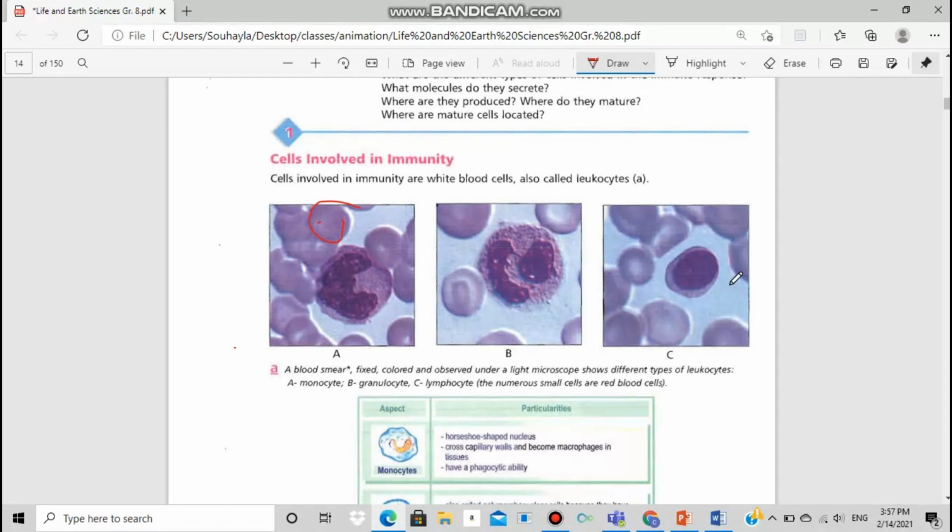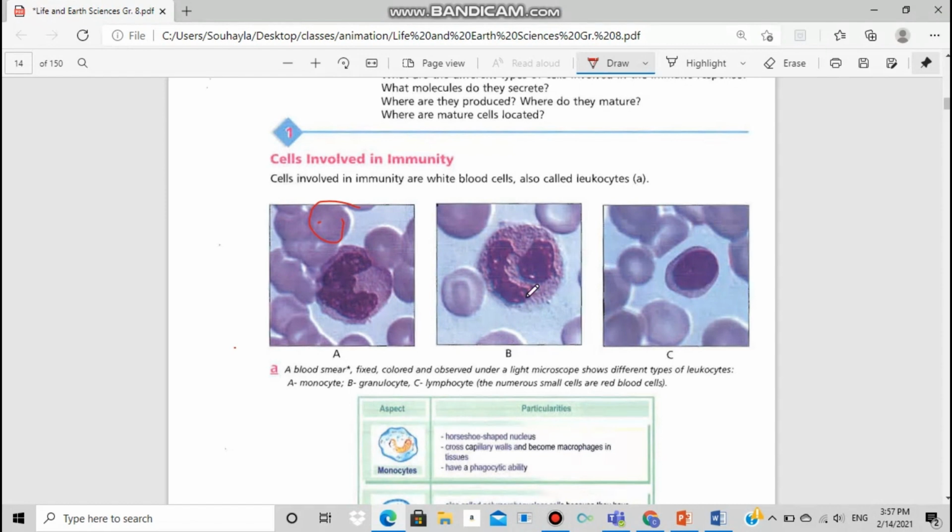How can I distinguish white blood cells? From the shape of the nucleus. White blood cells have a large nucleus, but these cells have different nuclei. If you look at this cell, the shape of the nucleus is different from this cell, and different from this cell.